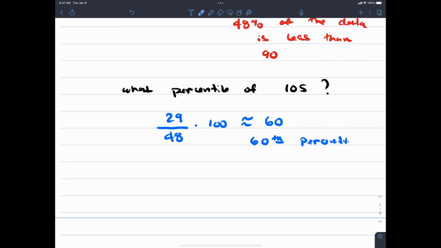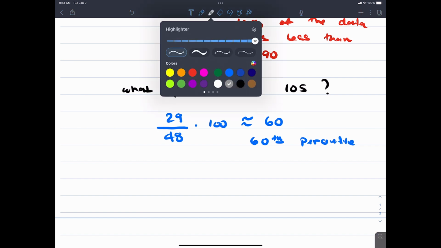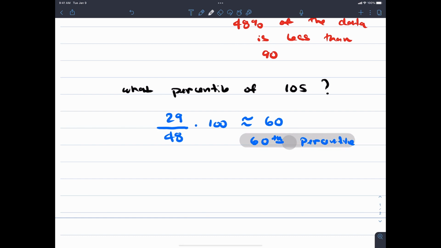Percentile. So if I said to you, okay, what is the meaning behind that 60th percentile? What do you guys want to know? That means 60% of the data is less than what score? 105.